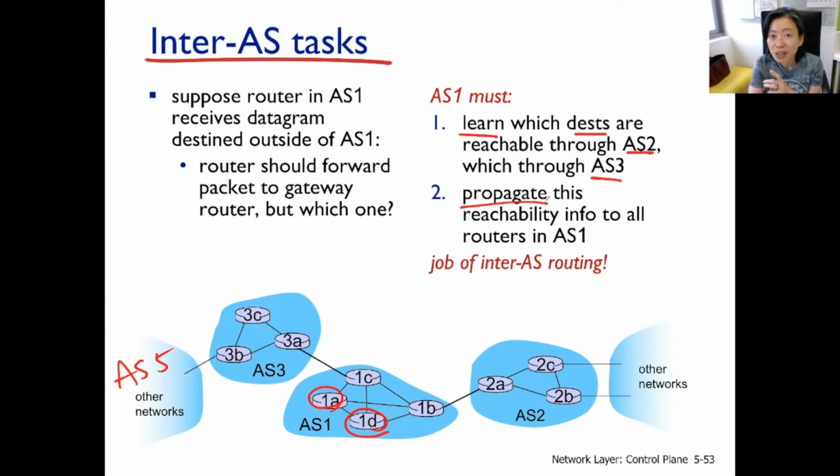Well, 1C and 1B do participate in inter-AS routing. So inter-AS routing will then propagate this AS path information to all routers inside AS1. And so propagation of the AS path, just like computation of the inter-AS path, would also be part of the job of inter-AS routing.